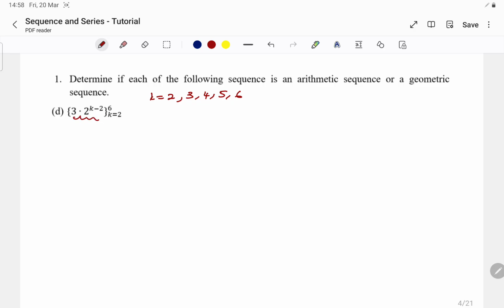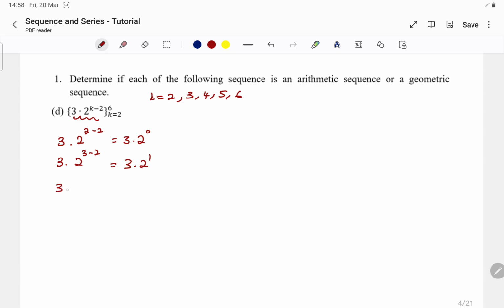We start with k equal to 2: 3 multiplied by 2 to the power of 2 minus 2, you will get 3 multiplied by 2 to the power of 0. And then we also have 3 multiplied by 2 to the power of 3 minus 2, because we substitute when k is equal to 3. So you'll get 3 multiplied by 2 to the power of 1.